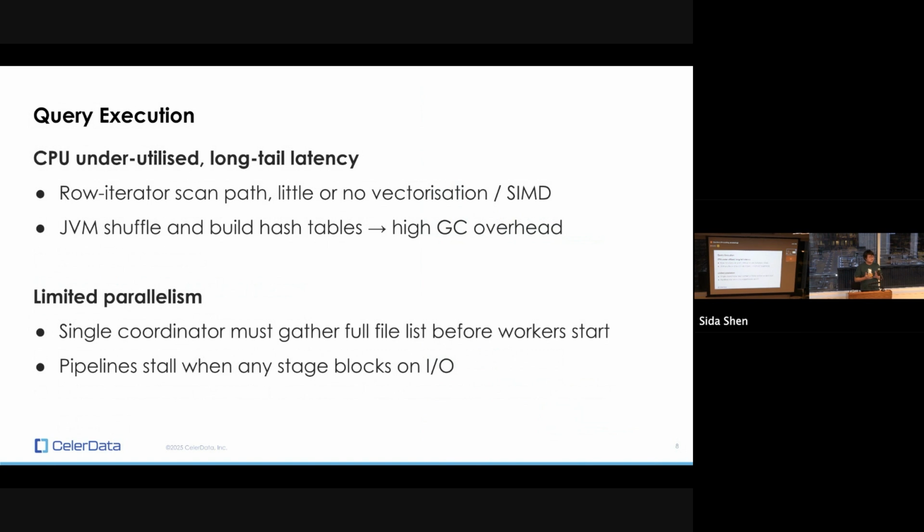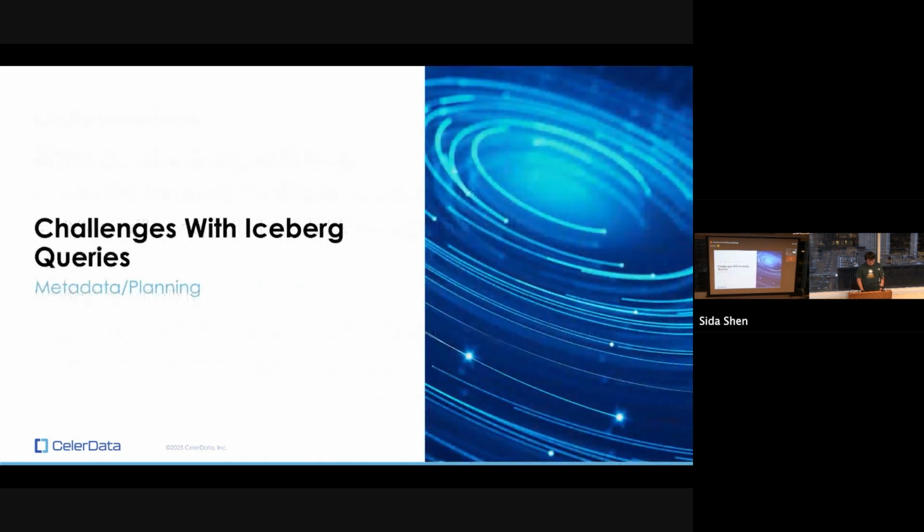That sometimes takes even more time than the execution itself. I'll show a use case in the next few slides. So there are pipeline stalls: anything that blocks the I/O, even the metadata reading, blocks the entire cluster. So very limited parallelism.